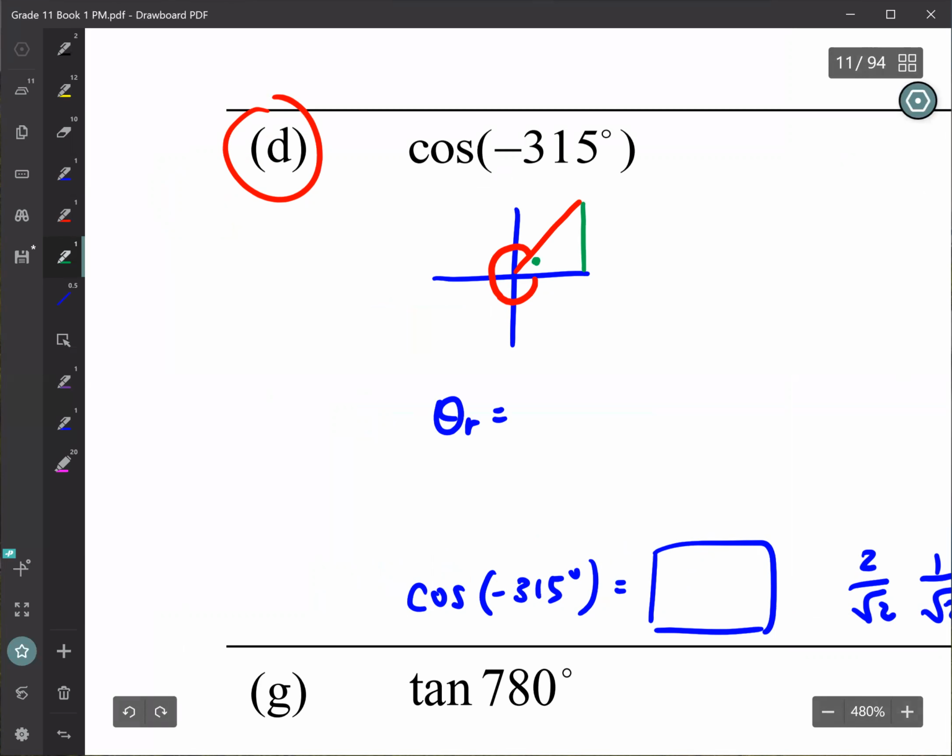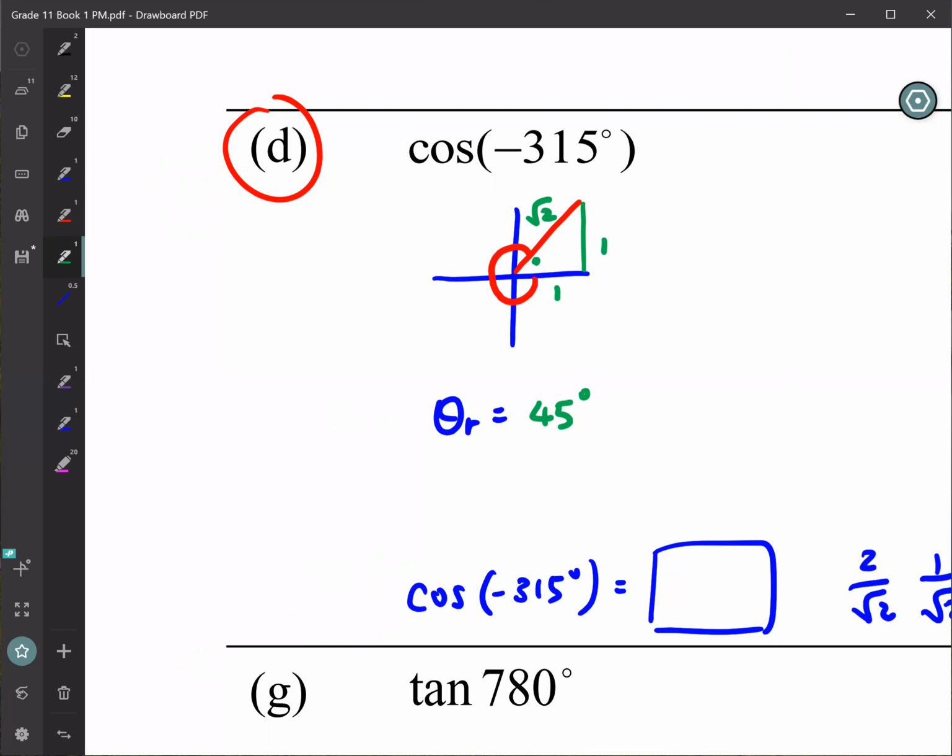If the red one is 315, then the reference angle must be 45. And we don't care if it's positive or negative. Do not put negative 45 degrees for the reference. Reference is just the size of the angle. Once you get that, 45 degrees is the one with the isosceles triangle, so 1, 1, root 2.